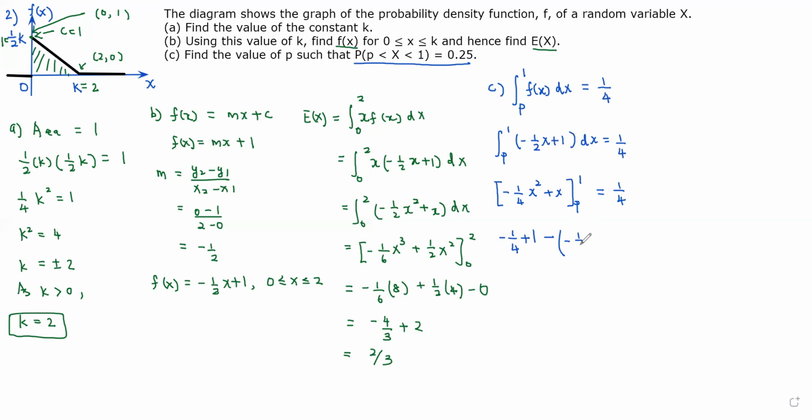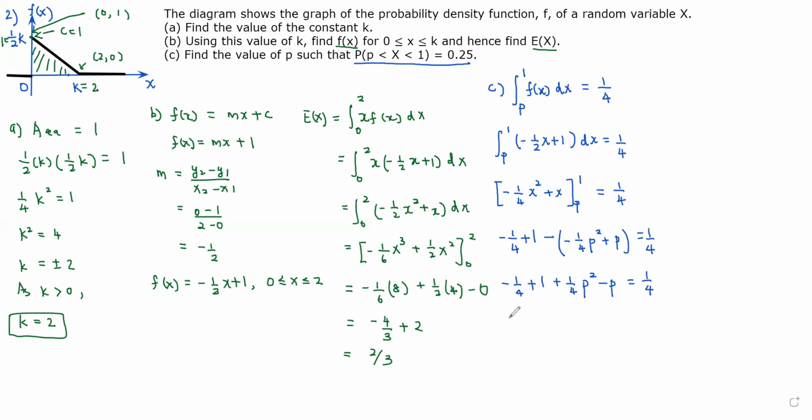That is negative 1 over 4 p squared plus p equals 1 over 4. So negative 1 over 4 plus 1 over 4 p squared minus p equals 1 over 4.